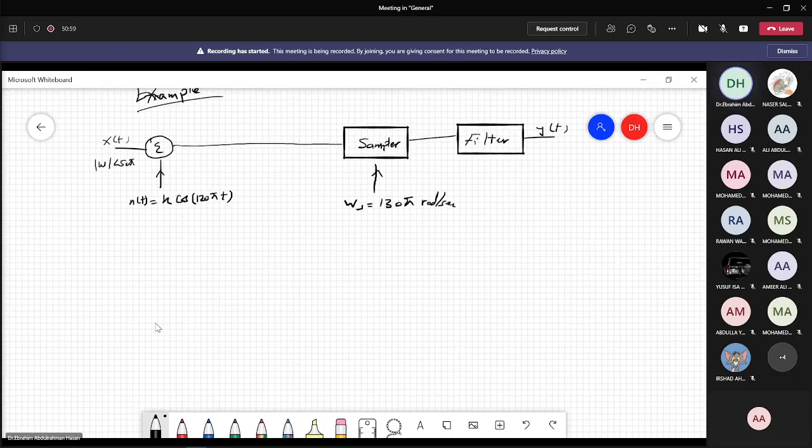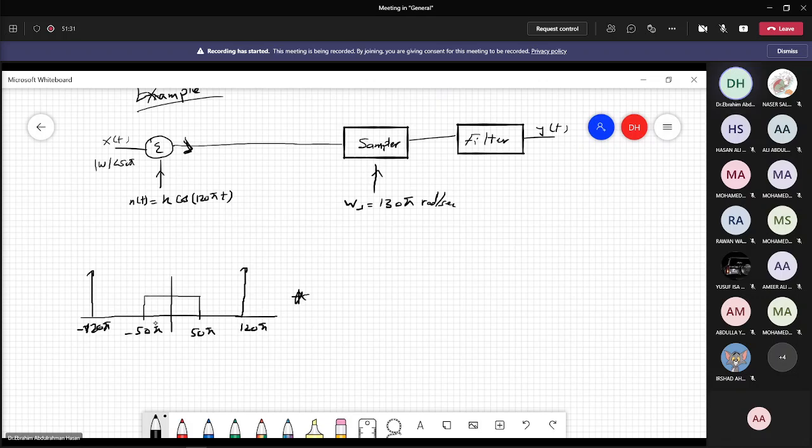Okay, addition of these two here, which is x of t plus n of t, it is this one. Something like this. So this is at 50 pi, and this is at minus 50 pi. And this one I will get at 120 pi and minus 120 pi.